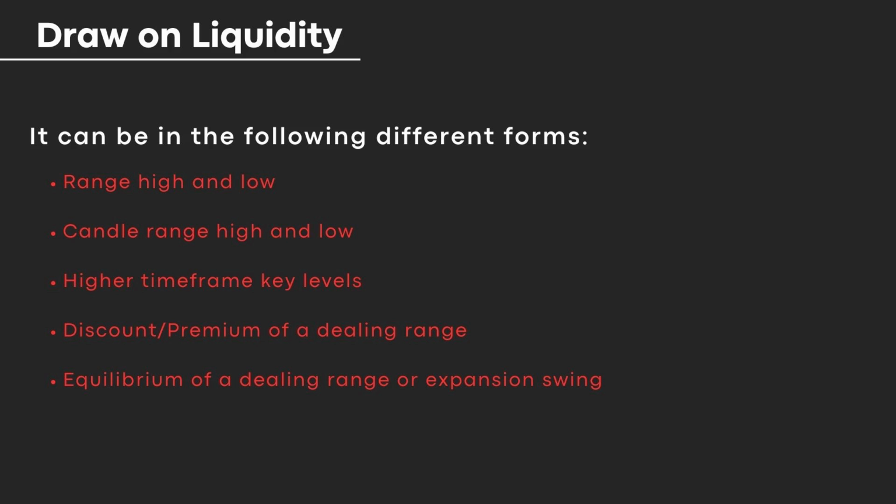If you're working with, let's suppose, a bullish order flow, then in that case, your short term liquidity would always be the discount or the equilibrium region of that particular dealing range or expansion swing, and your long-term draw liquidity would always first of all be the premium region of the dealing range or a key level inside the premium region, right? That's how you're going to use premium slash discount for a more refined drawn liquidity. In terms of bearish order flow, right? Premium region would act as your short-term drawn liquidity, and the discount is your long-term drawn liquidity.